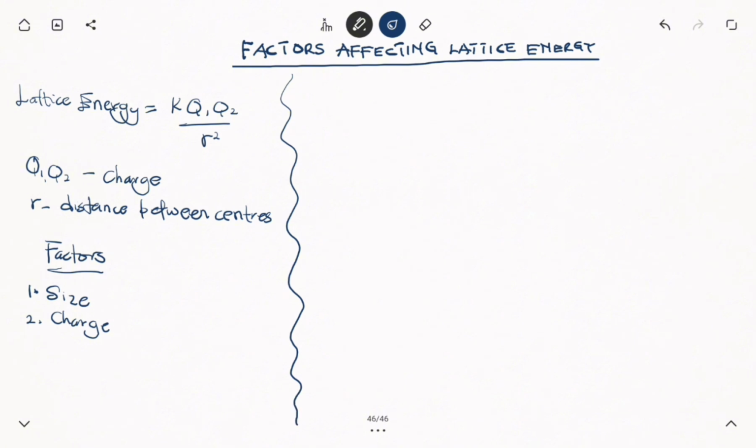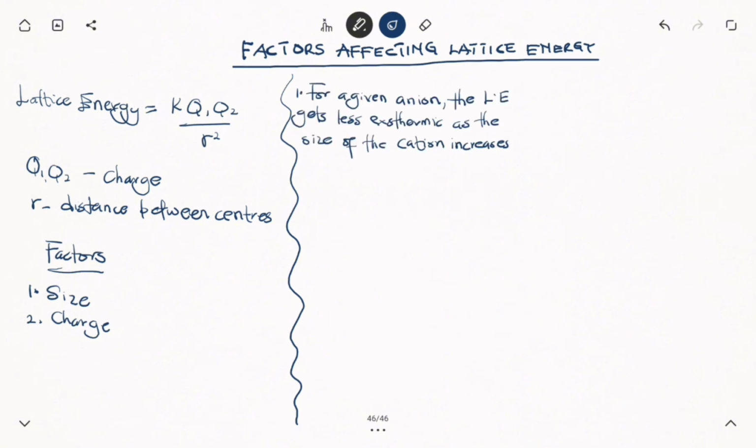Now look at this. For a given anion, the lattice energy gets less exothermic as the size of the cation increases. So that means that the size of the cation affects the lattice energy that is involved.